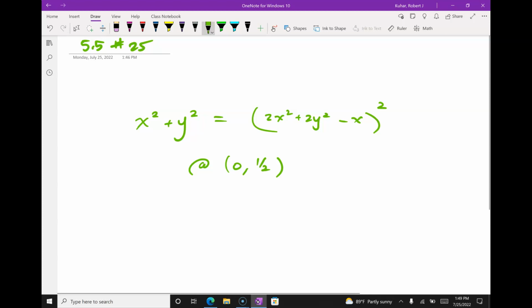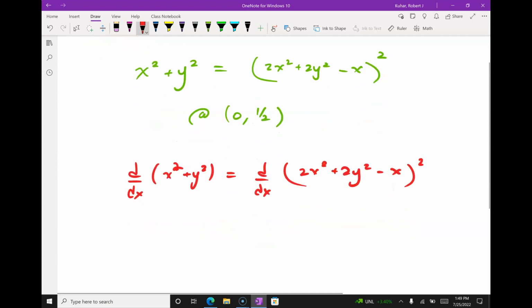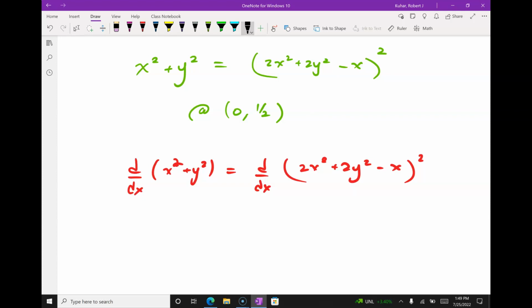So let's see what happens when we take our derivatives and see if we can get a decent derivative. So I'm doing d dx of x squared plus y squared should be d dx of this other side. When we take the derivative of x squared, it's easy, right? 2x.